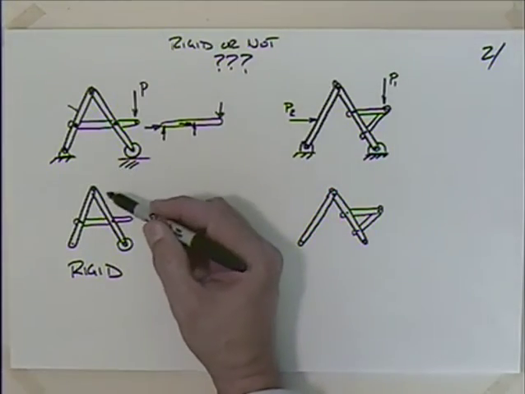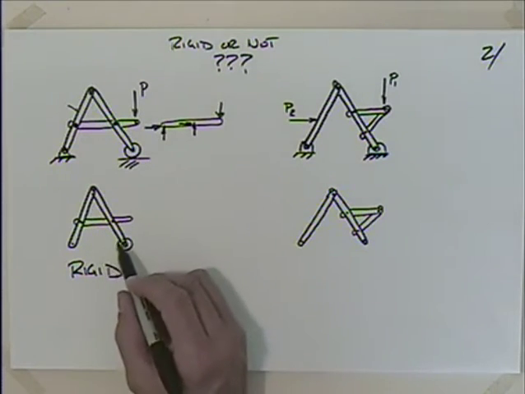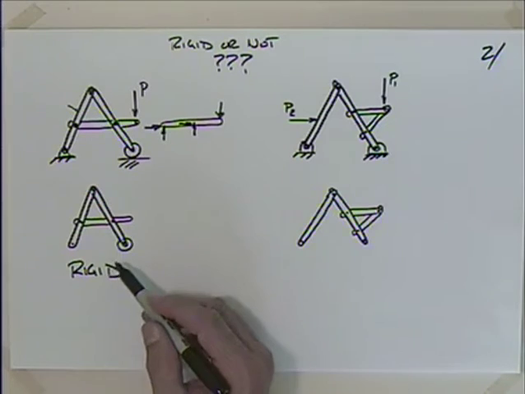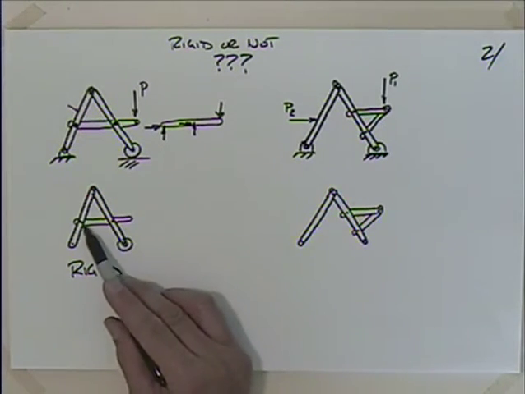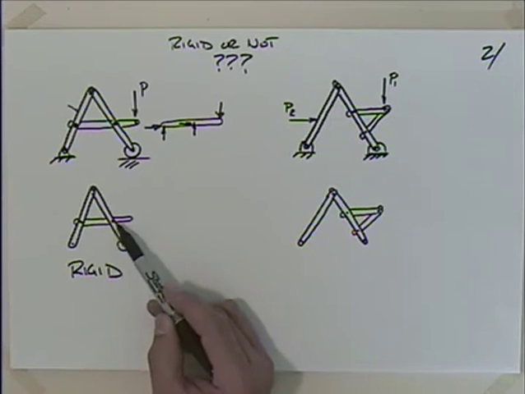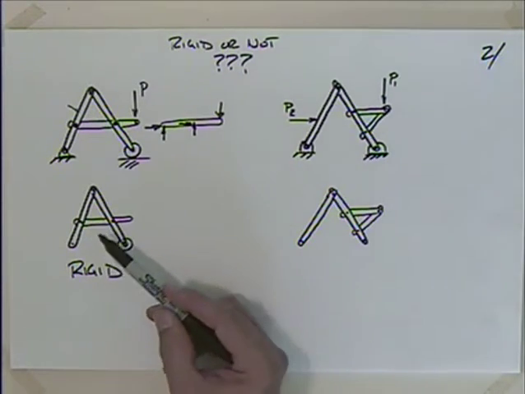You could imagine if you were to take these off, it would, I guess, fall down, and you ask the question, when it finally falls and hits somewhere and you pick it up, is it going to be in the same shape? This one would be in the same shape. It'll maintain that shape. If you were trying to make a folding chair for someone to sit on, this would not be a good design. Probably be a good design for a chair, but not a folding chair. It wouldn't fold up. It's rigid.